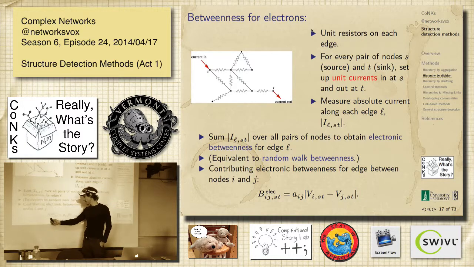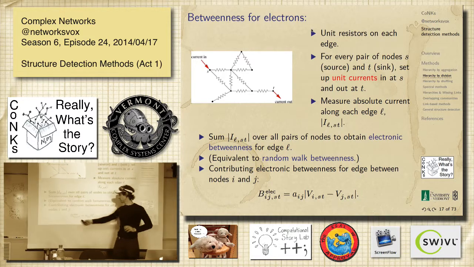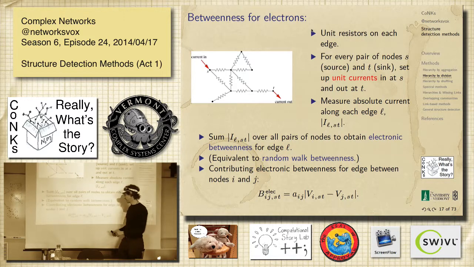So the betweenness for the edge between I and J, instead of L, we'll just say I and J, given some S and some T, where the current is going in and coming out. You need to measure the voltage at I minus the voltage at J, right?